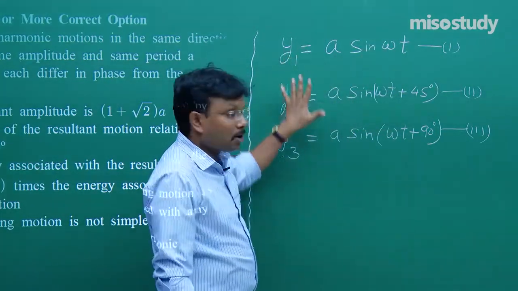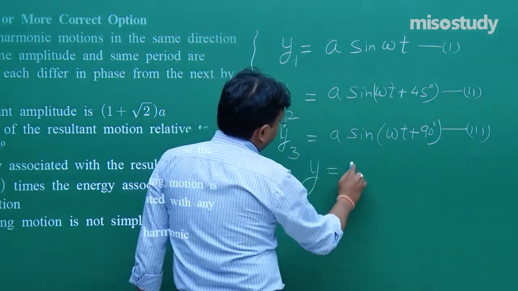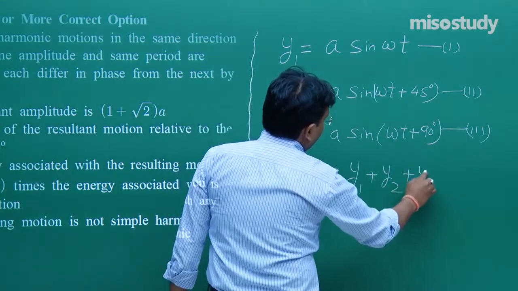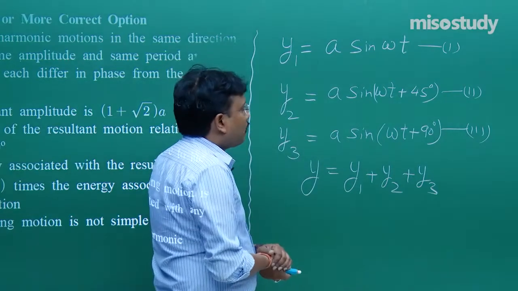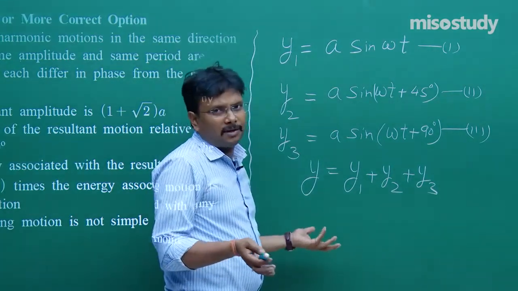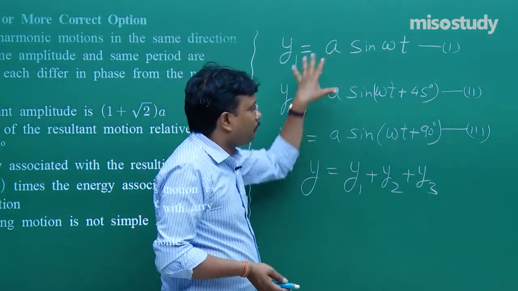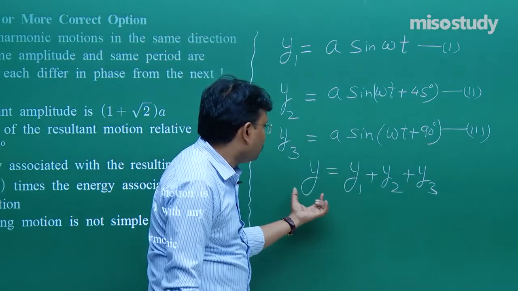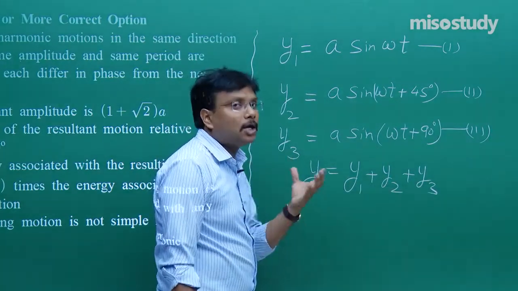So these 3 equations when you combine, y is equal to y1 plus y2 plus y3. This is superposition. Now you are preparing for the advanced JEE exam, so mathematics is a very simple thing for you. So I will not use that particular formula, trigonometry and whatsoever. Directly I will write down the expression for the superimposed y equation.